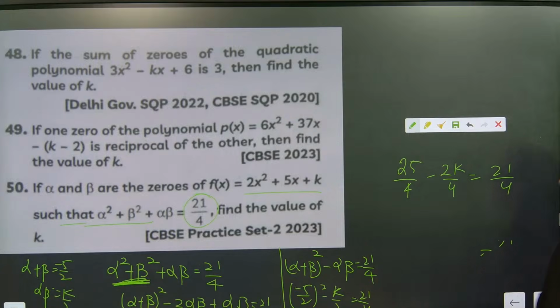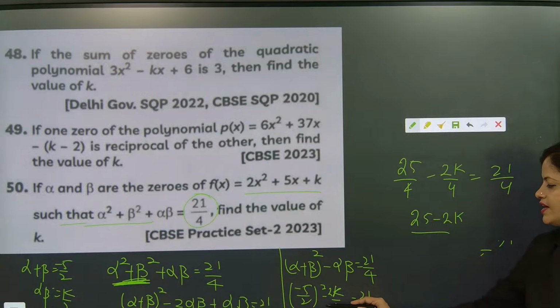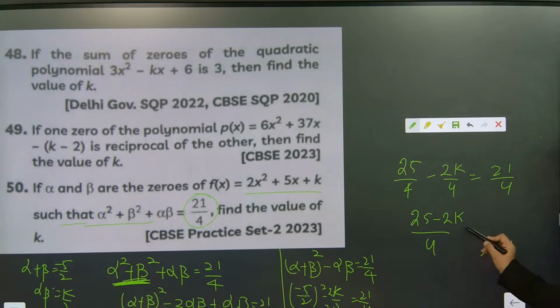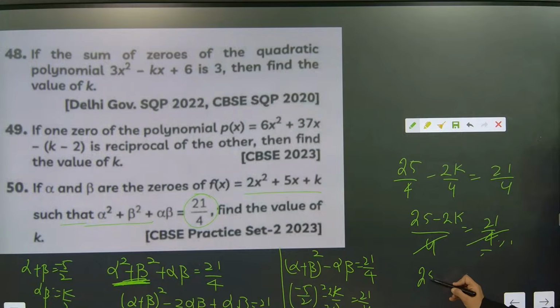I multiplied here with 2 and 2. Understood? So it is coming 25 minus 2k, I multiplied 2 and down also multiplied with 2, by 4 is equal to 21 by 4. This and this will get cancelled. 25 minus 21 is equal to 2k. 4 is equal to 2k. So k is equal to 2.